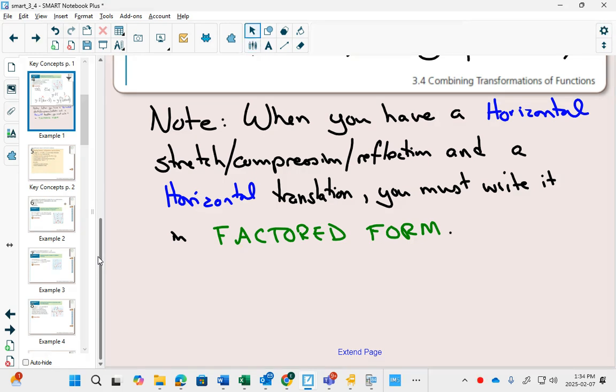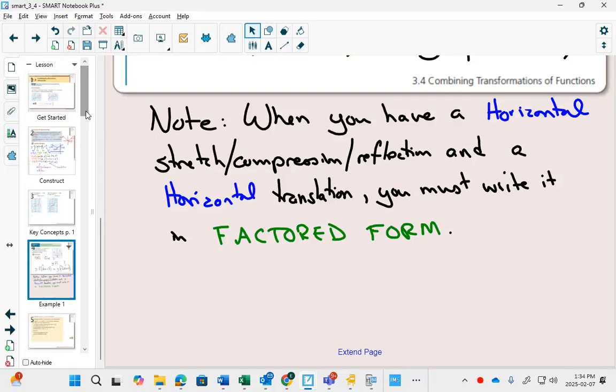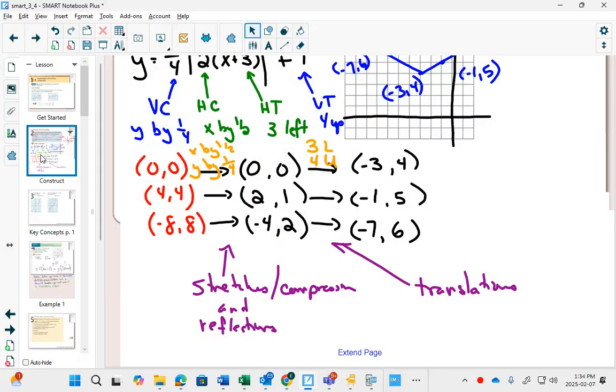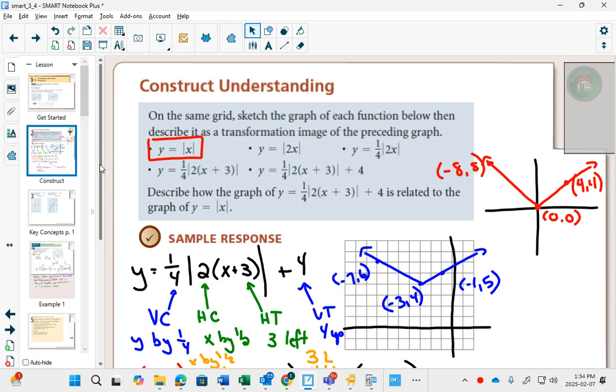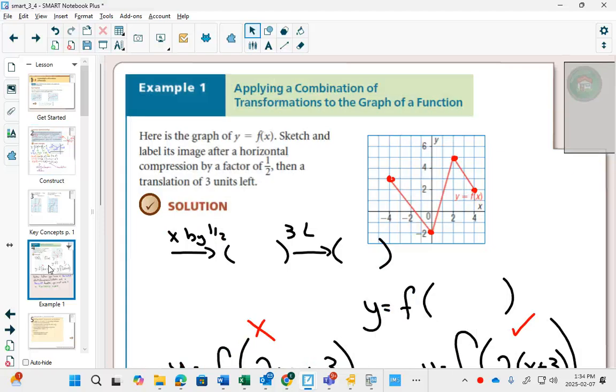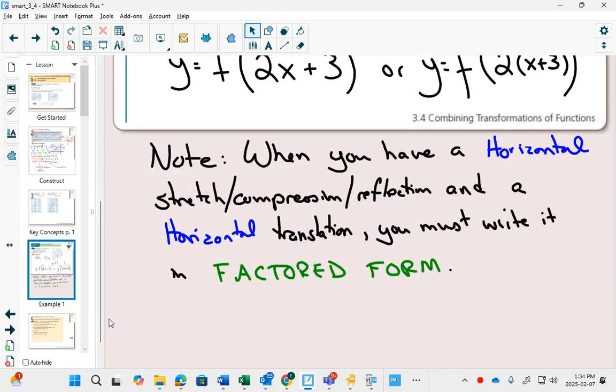If we go back to the very first question that we did today, I don't know if you noticed, but the 2 was factored out inside the absolute value. So if you were trying to be like, oh, which is the right way, in our very first question, it was factored out. I guarantee this is going to screw most of you up most of the time.